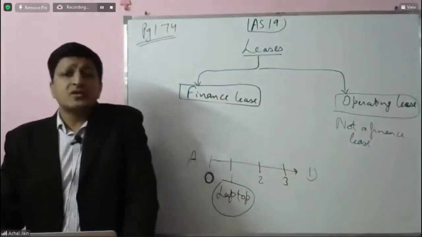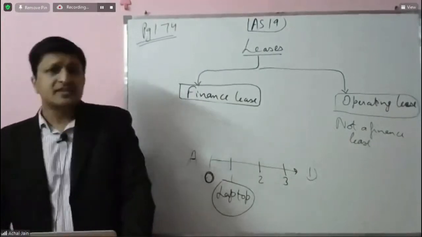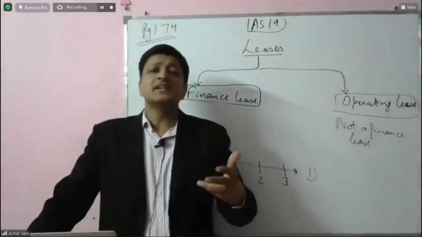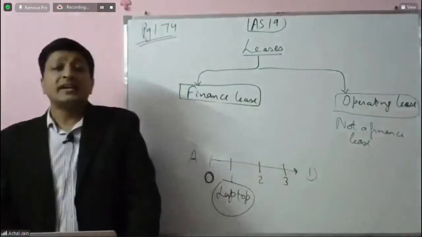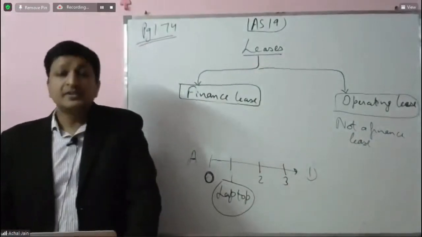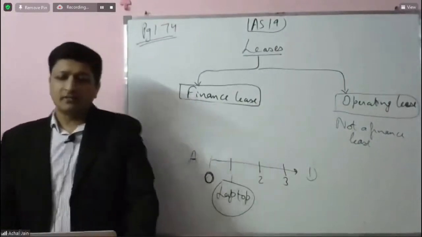If the lessee wants the lease term to be extended, he can get this extended, and in this extended period, the lease rentals will be significantly lower. If there are any gains or losses from fluctuation in residual value, they will accrue to the lessee. All of these things indicate what?